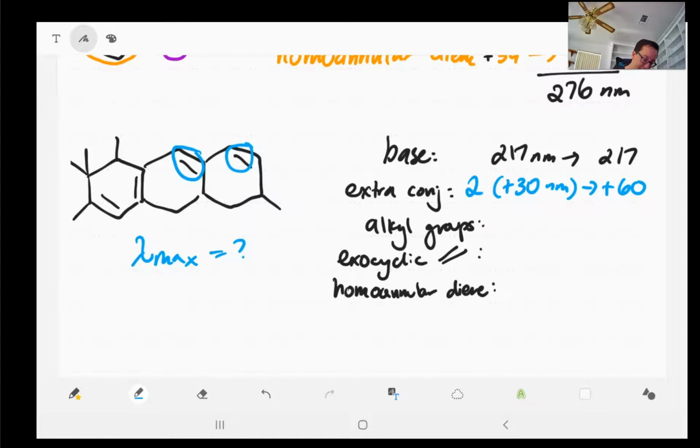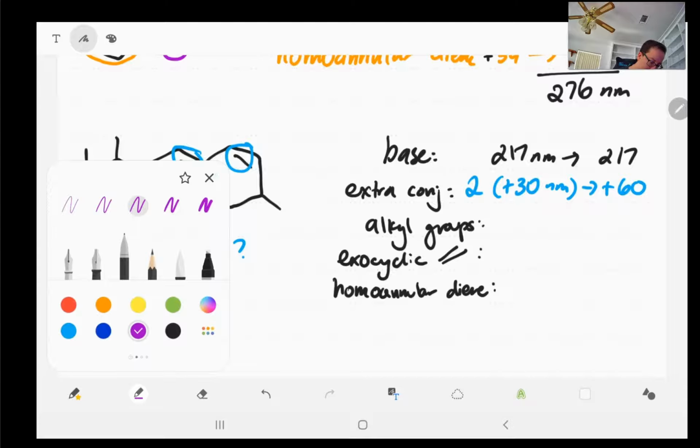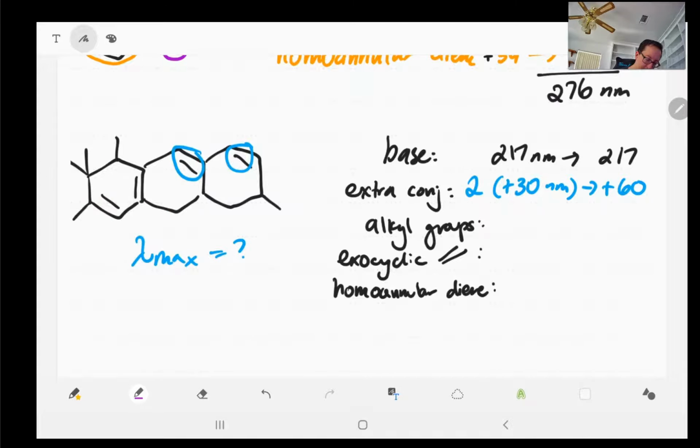Let's go ahead and look at extra alkyl groups now, some auxochromes. We're looking at every carbon that's touching a double bond that is not part of our main line here. So we're going to have this one connected to the double bond above. We have this one, which is connected to the double bond above that.